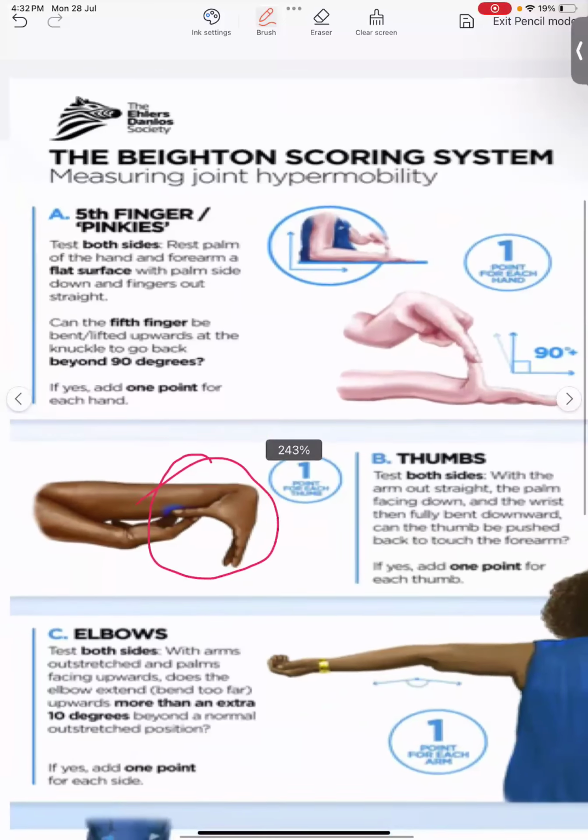Now see here. Let us start with picture number 1. This is your fifth metacarpal, your small finger. Is that moving 90 degrees or more than 90 degrees? Put it here, or less than 90 degrees. My little finger is going less than 90 degrees. What about yours?